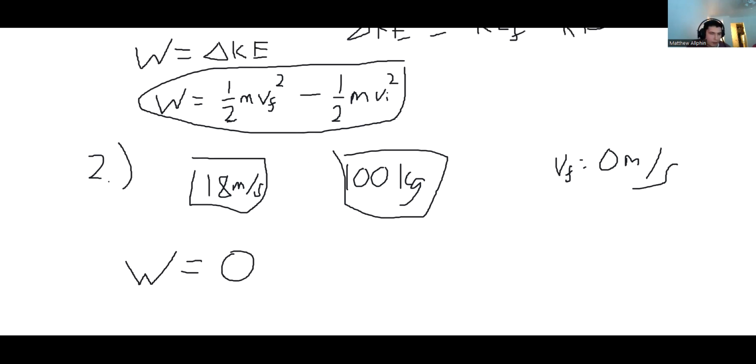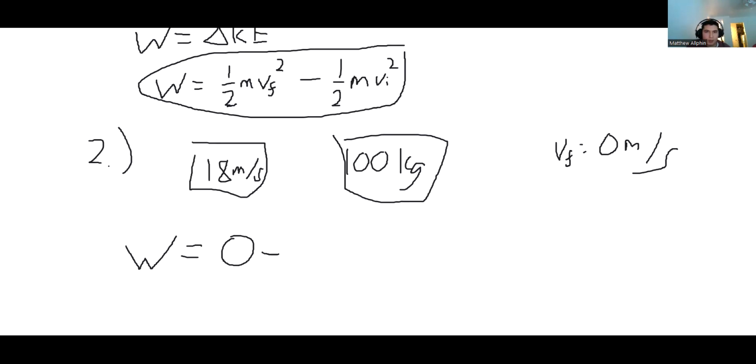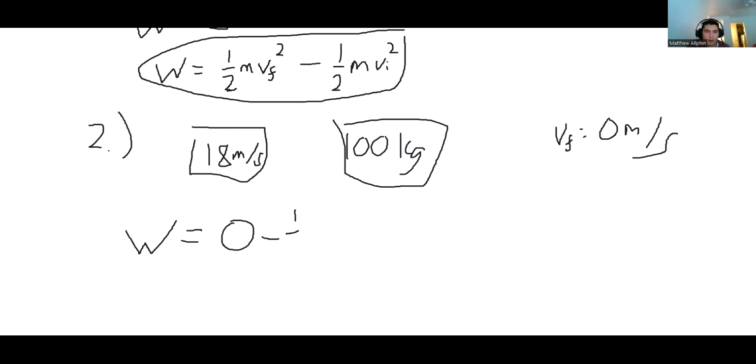And I shouldn't have to plug that in, because if I do 0 squared times m times 1/2, it's just going to be 0 minus, and then we plug in 1/2 m, and I guess I should plug in numbers, huh? 1/2 times 100 kilograms times 18 meters per second squared, like that.